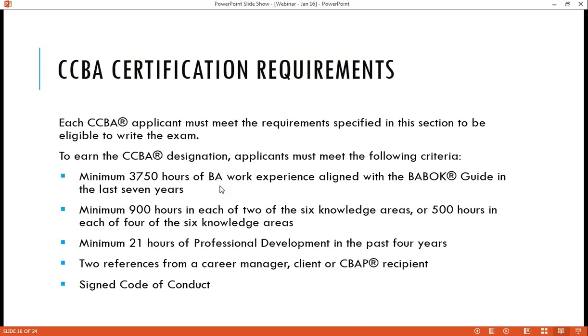So the BOK is like the Bible of business analysis. You have all the information that you need to become a successful business analyst, and our course is designed around this BOK. You should have a minimum 21 hours of professional development in the past 4 years, which is fairly easy. And then you have to have 2 references from any of your customers or clients.